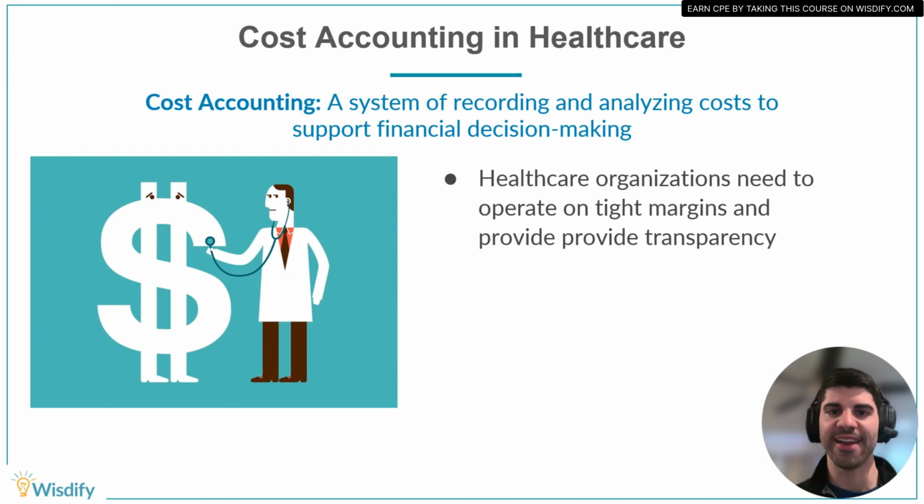On top of that, a lot of these healthcare organizations need to be able to provide price transparency. When we think about nonprofit hospitals in particular, there's a lot of financial data that they need to track, and a lot of this needs to be reported so they can retain their tax exempt status.